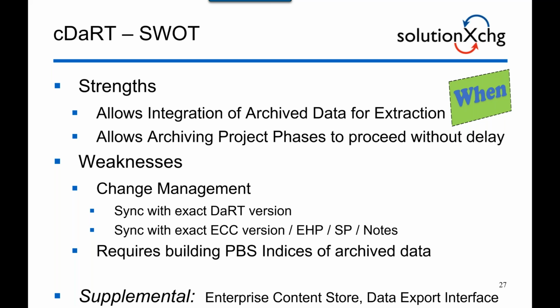What I will just mention at the bottom here is the supplemental information about additional PBS modules. There is an enterprise content store application, which is a full system extract into a SQL Server database. So it is a solution potentially for decommissioning in certain situations.